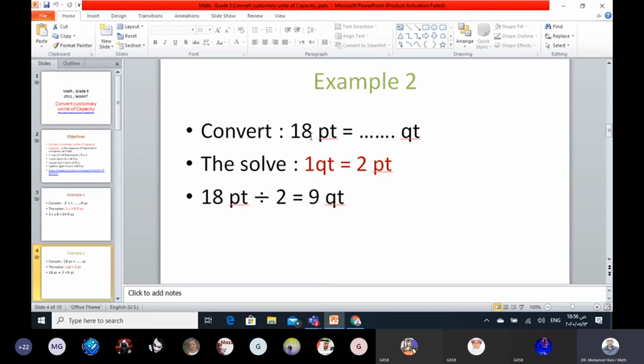When you want to convert from a small unit to a big unit, divide. So I can write 18 PT divided by 2. 18 divided by 2 equals 9. So 18 pints equal 9 quarts.